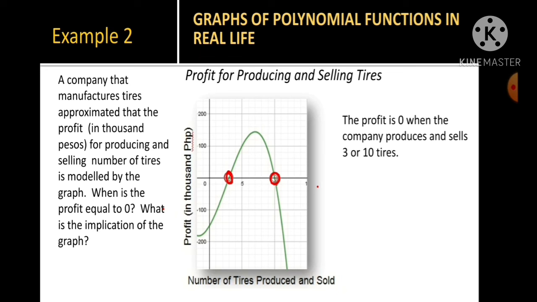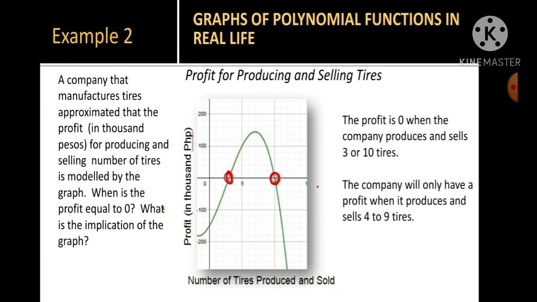So the profit is 0 when the company produces and sells 3 or 10 tires. And what is the implication of this? The company will only have a profit when it produces and sells 4 to 9 tires.